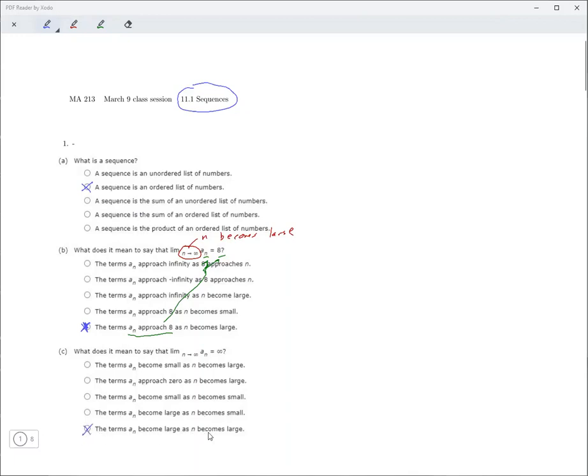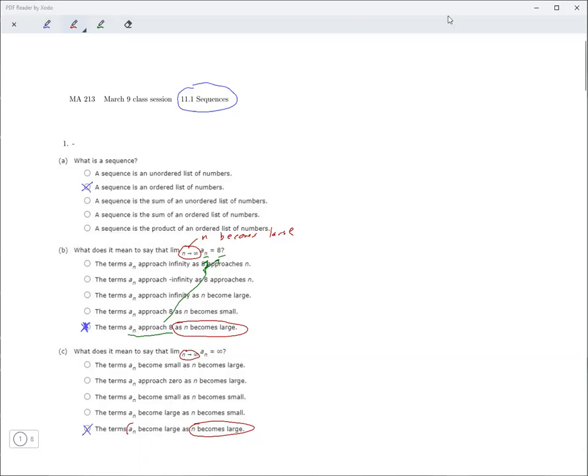The terms become large as n becomes large.